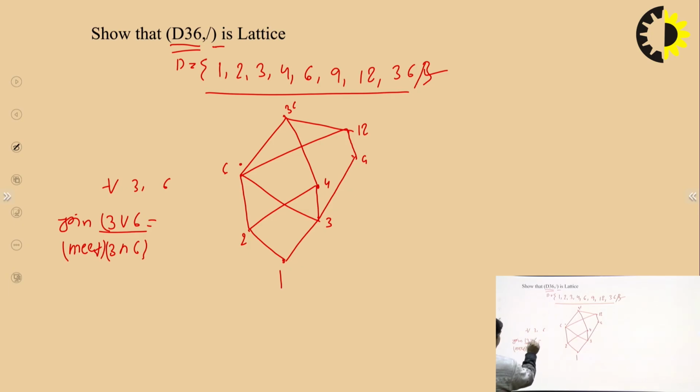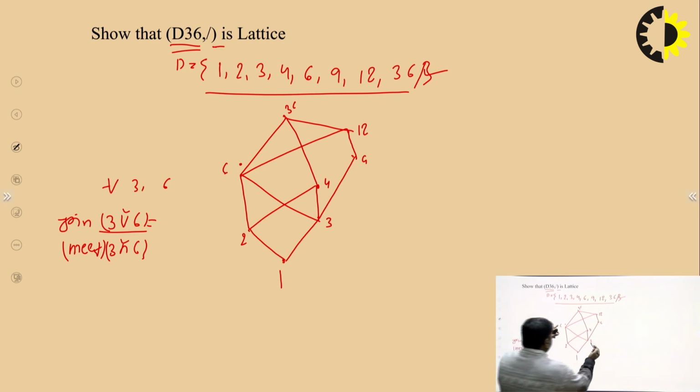This is the symbol of the join, this is the symbol of the meet. Now, for 3 and 6 here, the first time they meet on the top is known as the join. The first time they meet on the bottom is known as the meet.